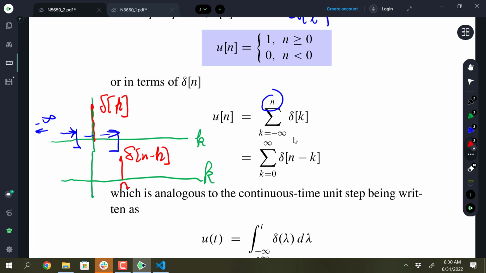Now I'm going to start summing from here, because my lower sum limit is 0, and I move my sum along, and if I stop less than n, I have not captured the delta, so I get 0. Well, no, sum to infinity, never mind. I'm always summing up to infinity. I'm thinking of the other form. So I'm always going out to infinity. The trick is if n is less than 0, then the delta is sitting right over here.